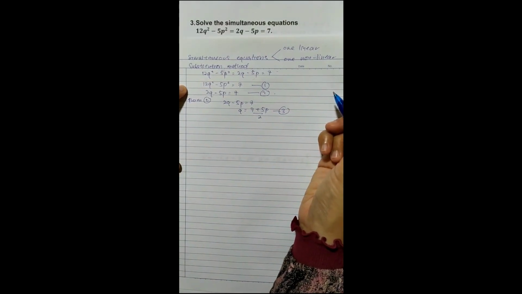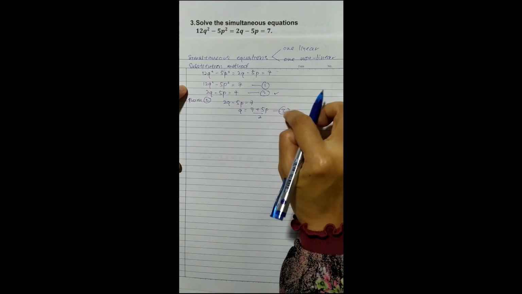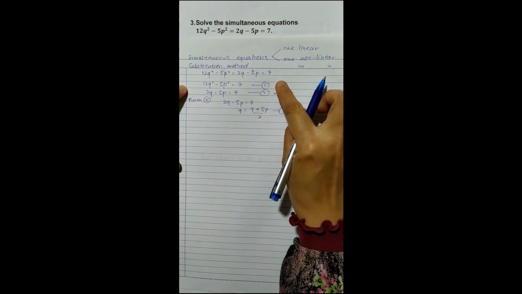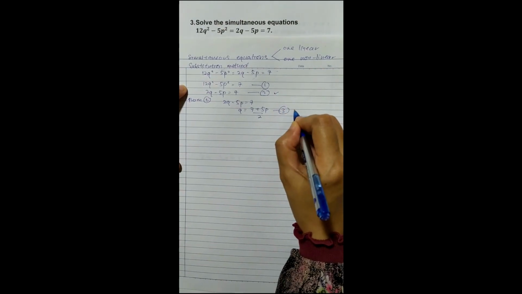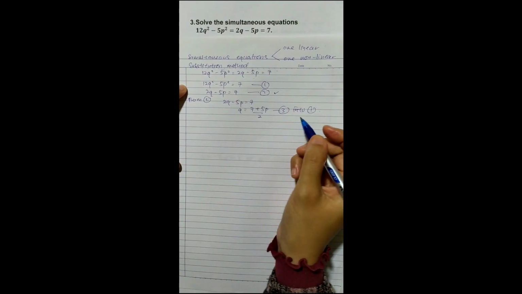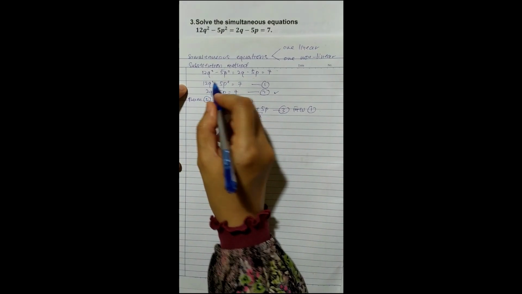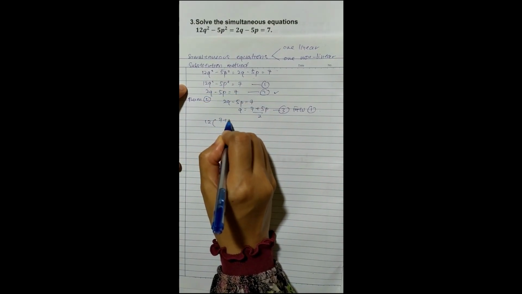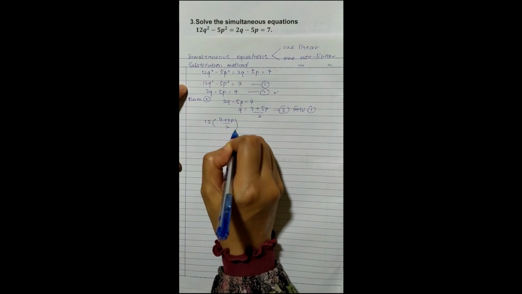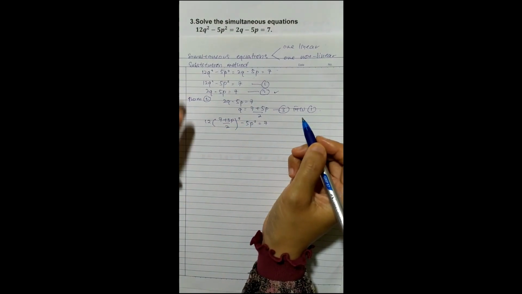We already used equation number 2, so then you have to substitute equation 3 into the equation that we haven't used yet, which is equation 1. So 3 into 1, we get 12 times, whatever q you substitute here, 7 plus 5p over 2 squared, minus 5p squared equals 7.